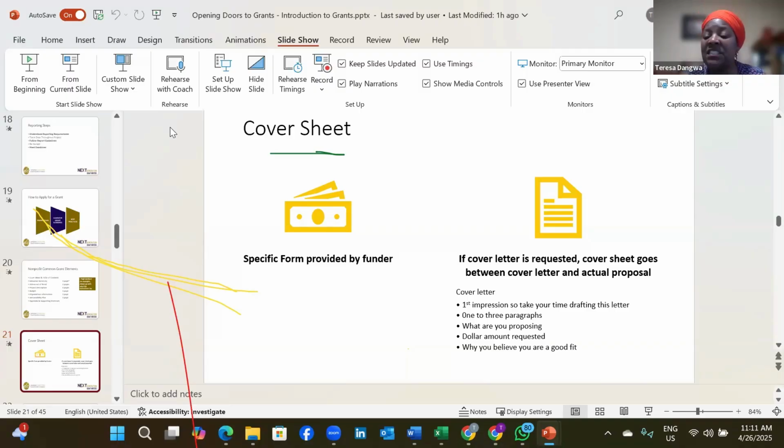Your cover letter is the first impression, so you need to take your time in drafting this particular letter. It's very important. 1 to 3 paragraphs.